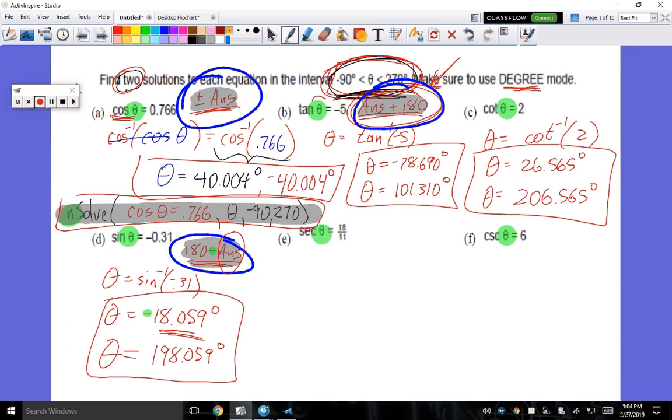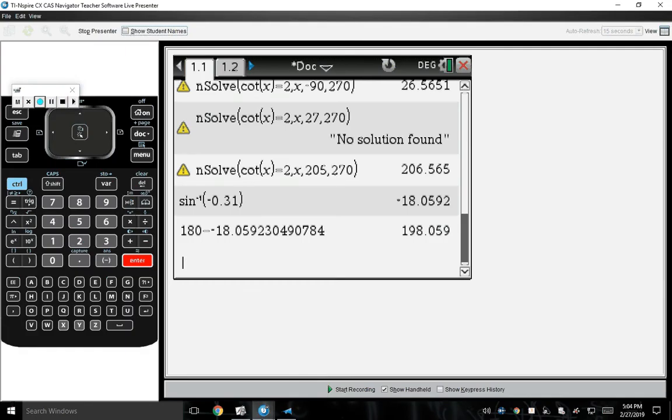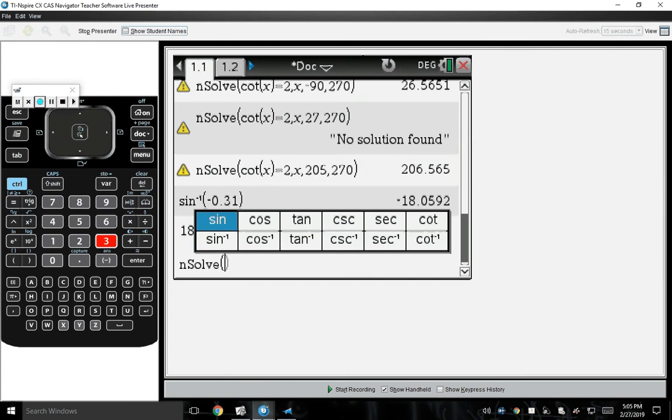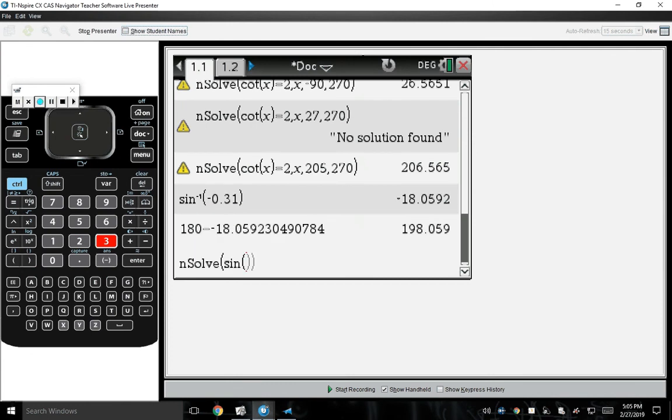Now let's see if we could do a solve feature that would give us both of them, because we know sine is a continuous function that does not have vertical asymptotes. Menu 3.6, we're going to say sine of x is equal to negative 0.31, comma x, because that's what we're looking for, comma from negative 90, comma to 270.